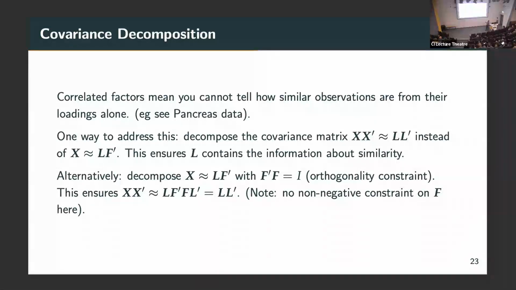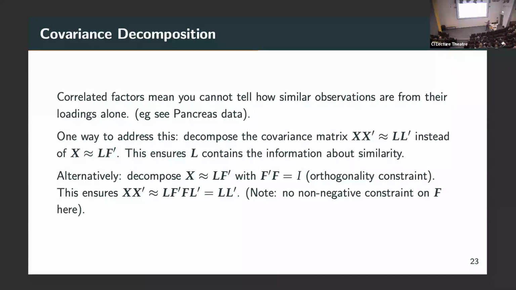One way to address this is to decompose the covariance matrix, XX transpose, as LL transpose, instead of decomposing the data matrix X as LF transpose. And this is equivalent to doing this with F transpose F equal to the identity. If you impose orthogonality, or orthonormality, on F, then you get a decomposition where XX transpose is approximately LF transpose FL transpose, and that's the identity, so it's approximately LL transpose.